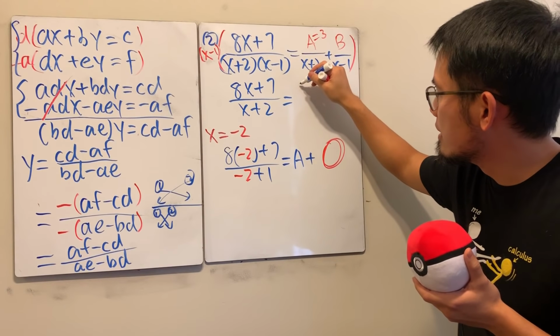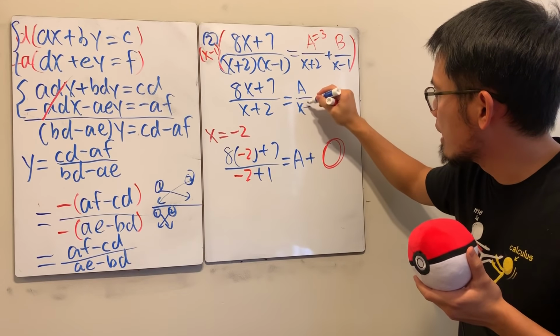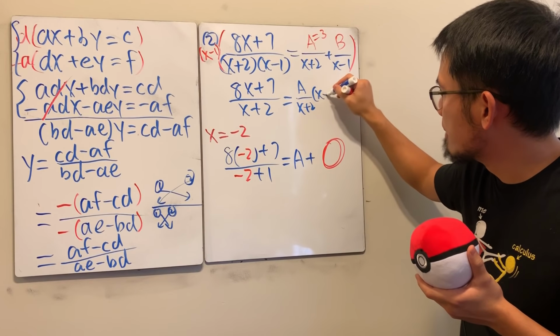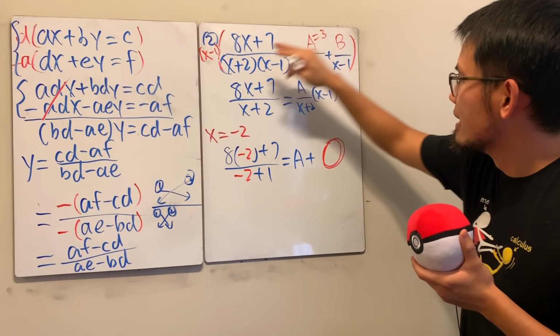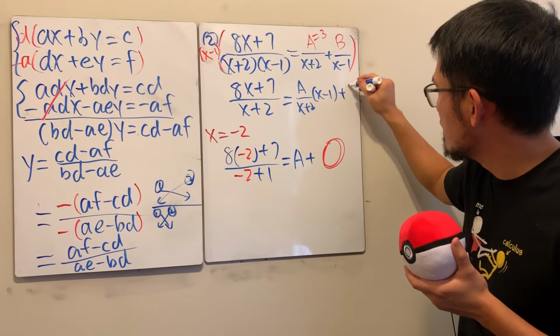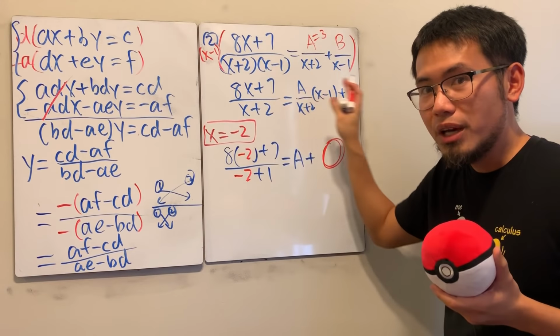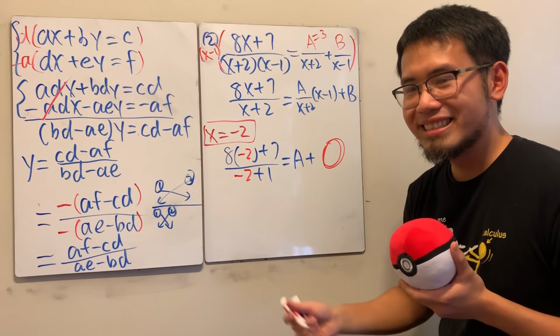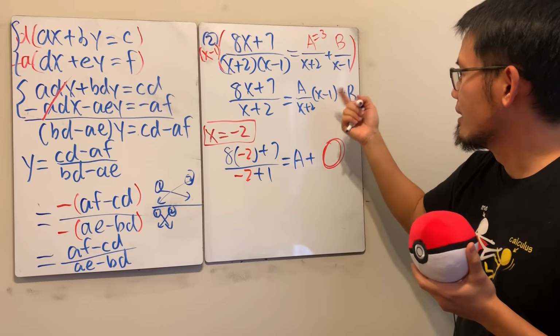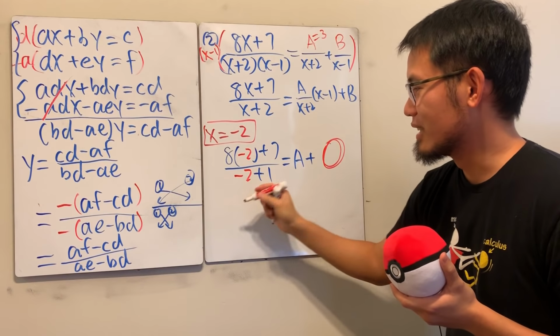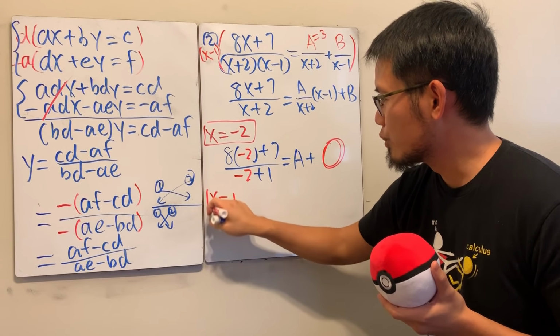And then the right-hand side is a over (x + 2) times (x - 1). But this times that, we'll just get b. And now, what's the good x value for us to use? Yes, positive 1, because that will make this equal to 0. So that's very nice. Plugging x equal to positive 1.